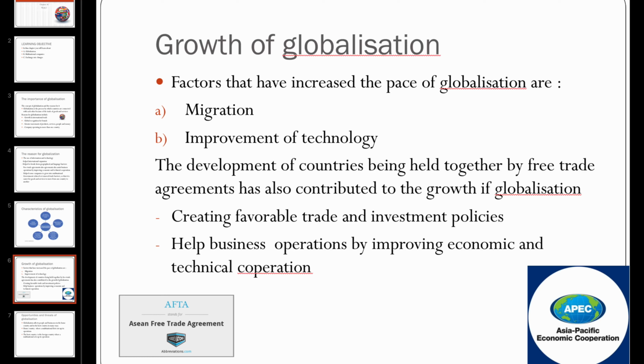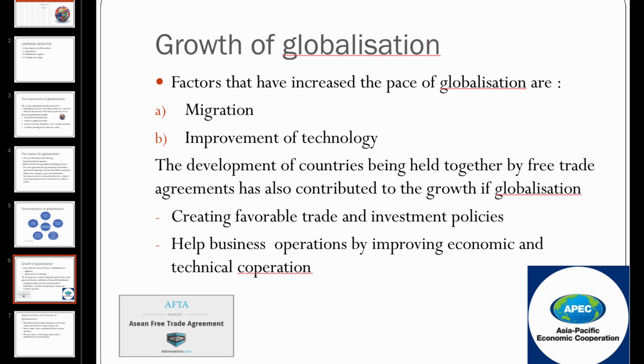So countries wanting to trade with each other form a trade bloc, and a trade bloc is a group of countries that trade with each other, usually as part of a free trade agreement, and reach a common agreement to lower trade barriers within the member countries.